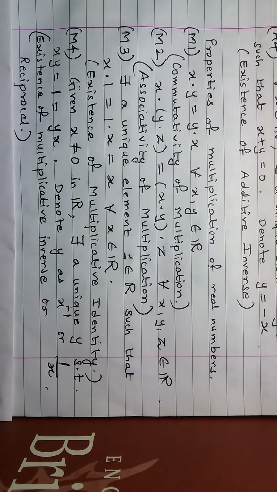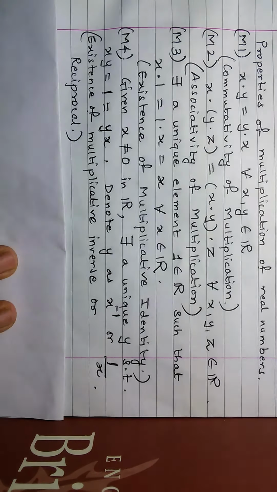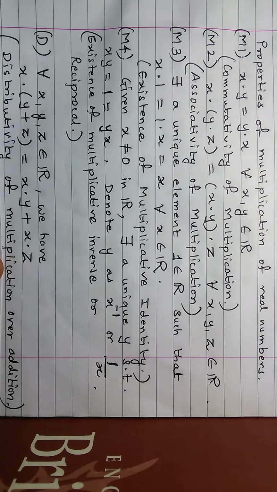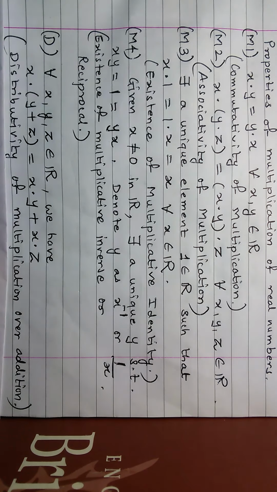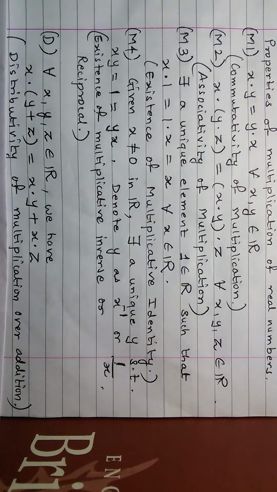This property is known as existence of multiplicative inverse or reciprocal. And then you have a property for both multiplication and addition together, which is known as distributivity of multiplication over addition, which goes like this: x multiplied by (y plus z) is same as x into y plus x into z.